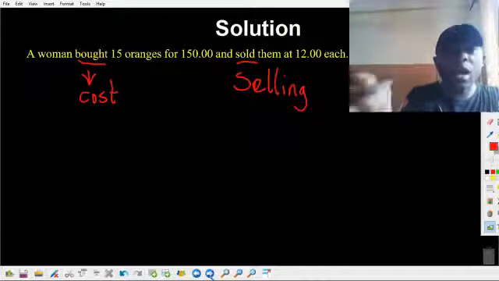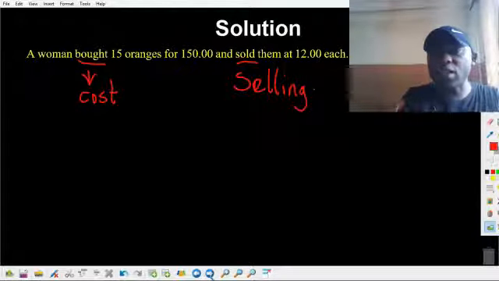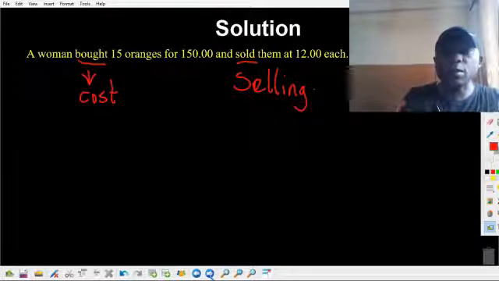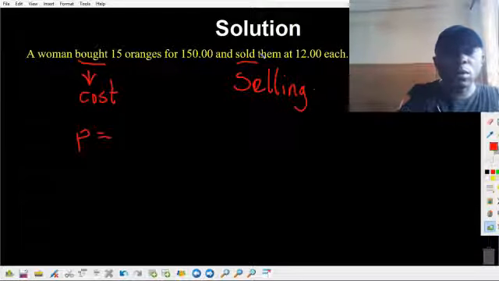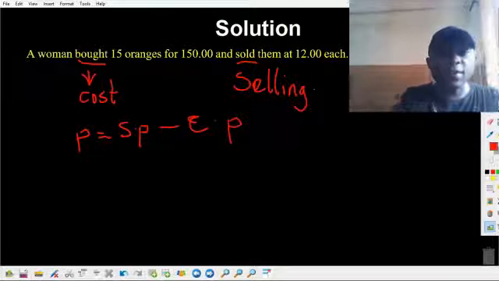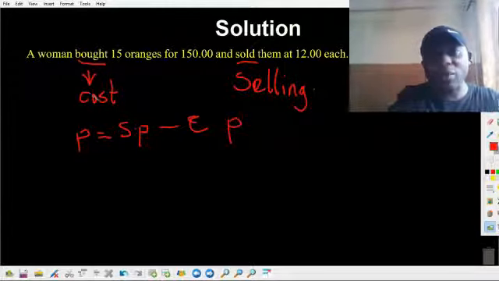And we said earlier that if we must look for percentage profit, we must first of all know our profit. And profit is equal to selling price minus cost price. How do we know our selling price?